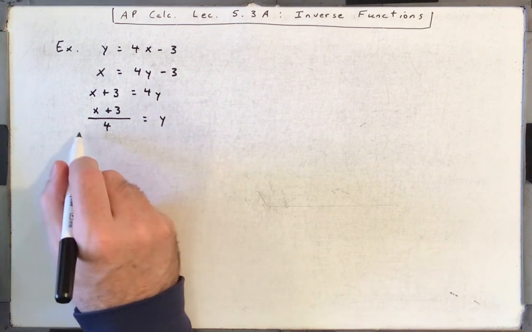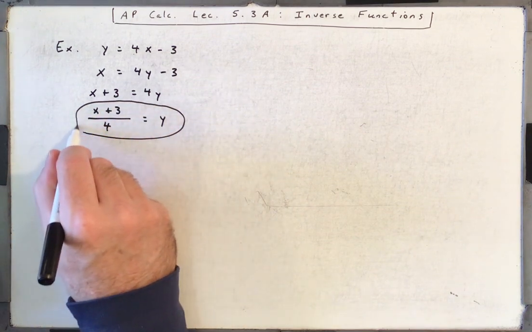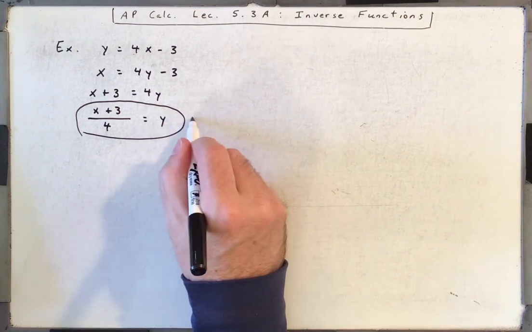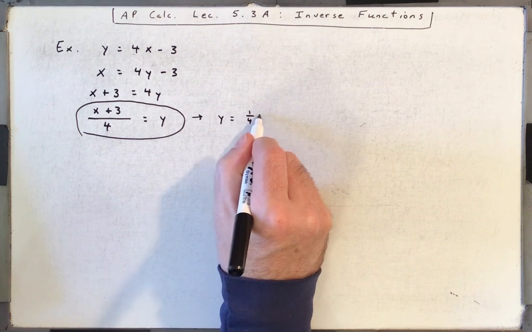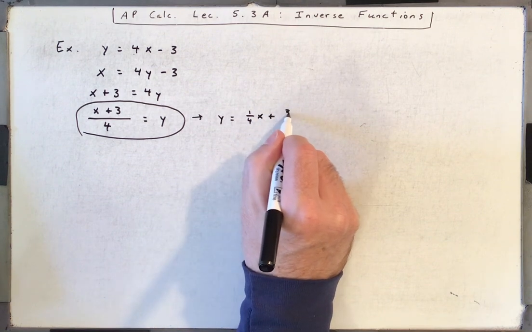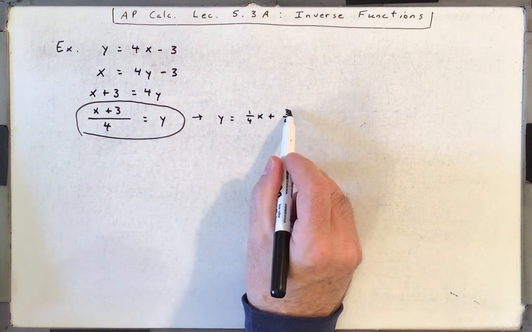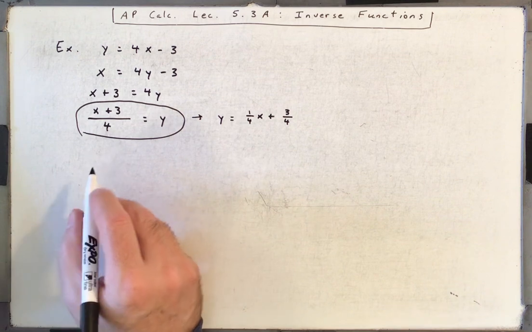That's a one-to-one function. There's no plus or minus here, right? So that is our inverse function. Another way to write this would be y is equal to 1/4 x plus 3/4. That's the same thing, right? So you know your y-intercept is 3/4 and your slope is 1/4. Okay, let's do another example.